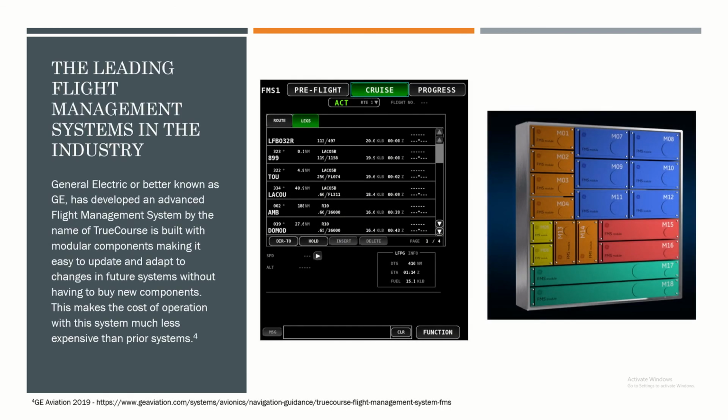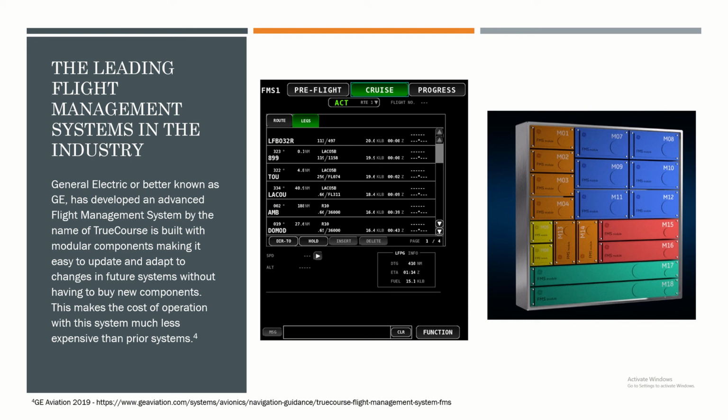The leading flight management systems in the industry. So I was doing a little research trying to find what the newest technology was for flight management systems, and what I could find was General Electric with their new True Course. So General Electric, or better known as GE, they have developed an advanced flight management system by the name of True Course, which is built in modular components, making it easy to update and adapt to changes in future systems without having to buy new components.